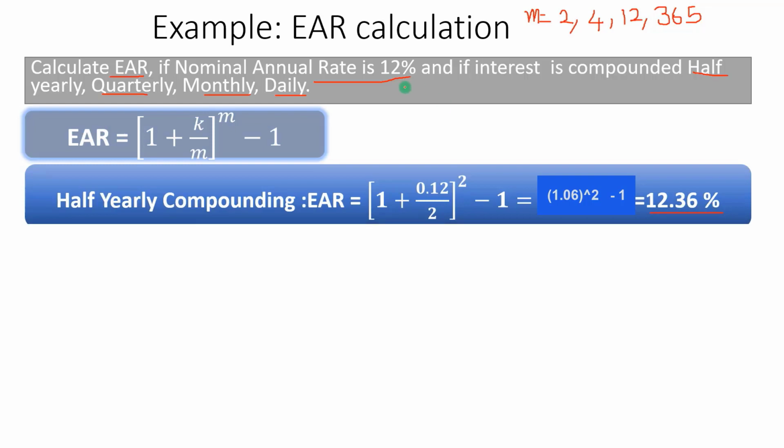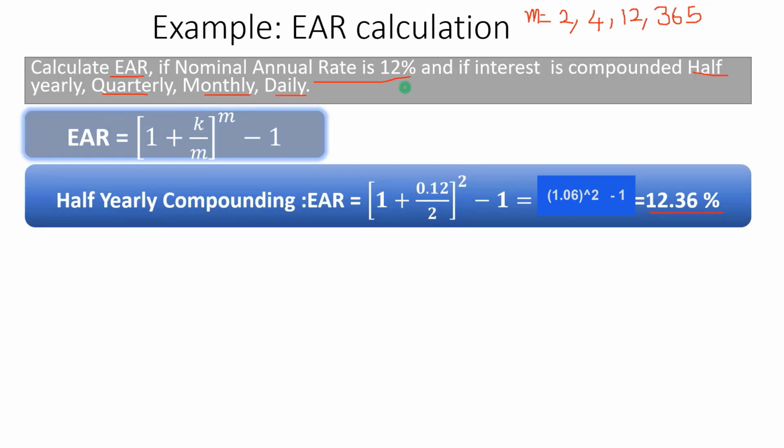Suppose a person has taken a loan at 12% interest per annum, which is compounded half yearly, then the person is actually required to pay an interest of 12.36% per annum effectively. The same logic is also applicable in the case of a deposit. If a bank offers a deposit scheme with an interest of 12% per annum, compounded half yearly, then the bank is actually offering an interest of 12.36% per annum effectively to the depositor.